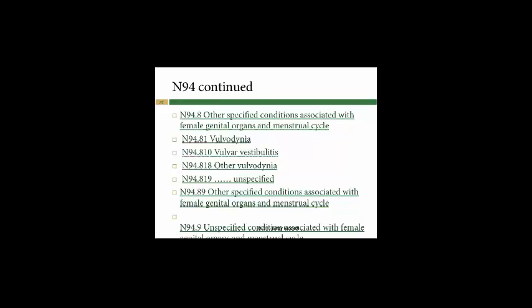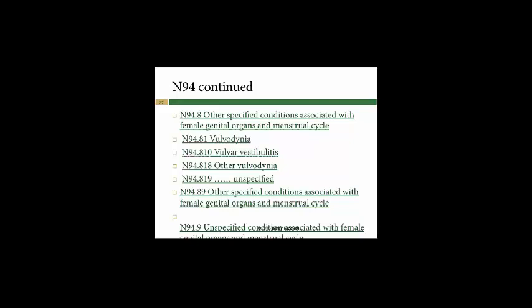And some groups wait until the end to bill those after they've billed the global. But I think you have almost zero chance of getting paid for them if you wait until then. So I think those extra visits that we're allowed to get paid for, either because the patient has a complication or because we have some other condition that we're treating, my opinion is we should try to bill those at the time that we perform them.